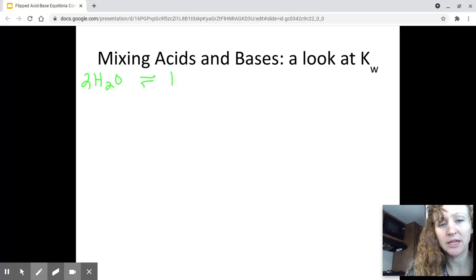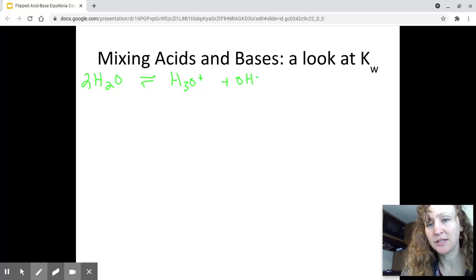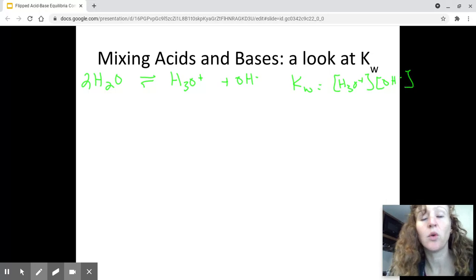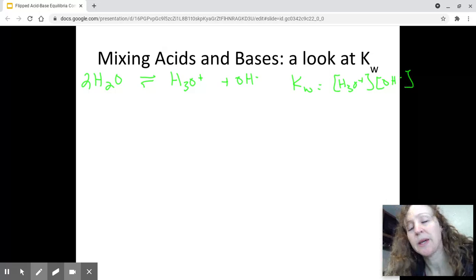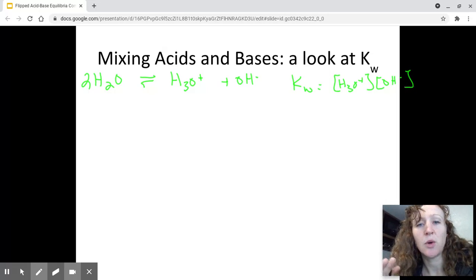So what you're going to make is H3O+ and OH-. So the Kw is going to describe that reaction. We'll have H3O+ here, we'll have OH- here, and then we ignore water because water's a liquid, right? We can ignore anything that's a liquid or a solid. All right, so that's Kw.